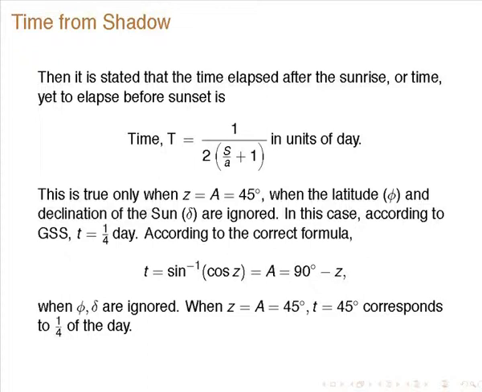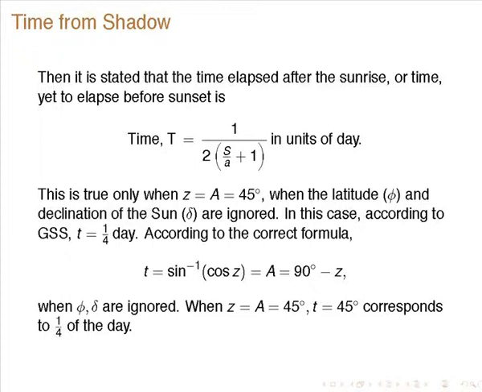That is especially true at the equator, and that too only on March 21st and September 23rd. In that case, when Z is 45 degrees, according to the Ganita Sara Sangraha, T is equal to 1 by 4 of a day, and according to the formula also, T will be sin inverse cos Z, and when Z is equal to A is equal to 45 degrees, T is equal to 45 degrees, which corresponds to 1/4 of a day.